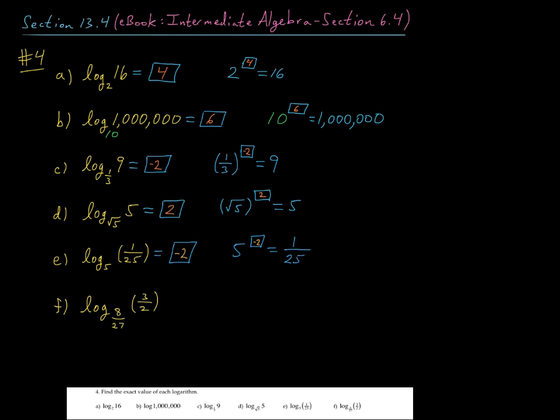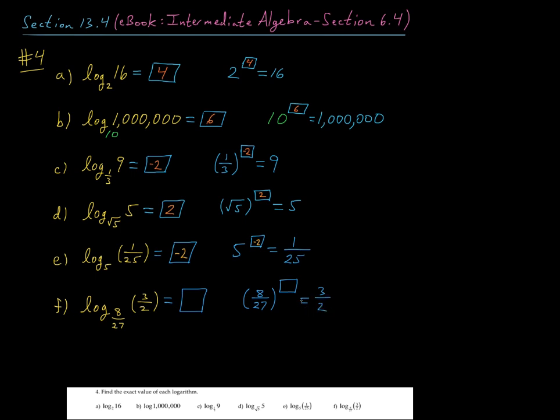All right, and then for the last one here, we have log base 8/27 of 3/2. So we're going to do 8/27 raised to some power, and the result has to come out to be 3/2.